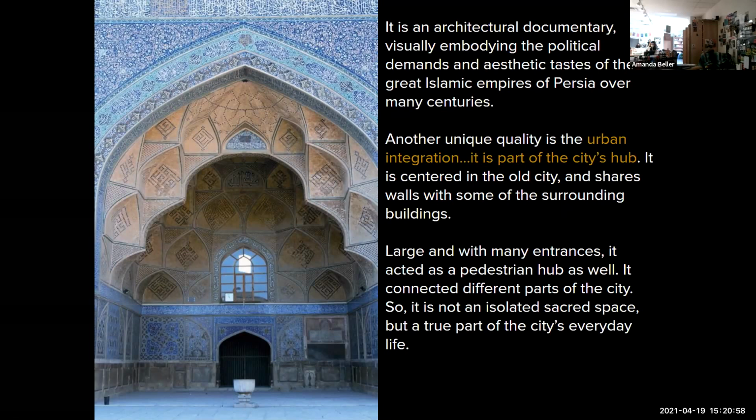So this is not an isolated sacred space. Instead, it becomes a space that you cross through to get somewhere else. If I'm going to meet Ginger for coffee and I'm on one side of the mosque and she's on another, I would just walk through the mosque to get to the cafe. I'm not going to go around it.